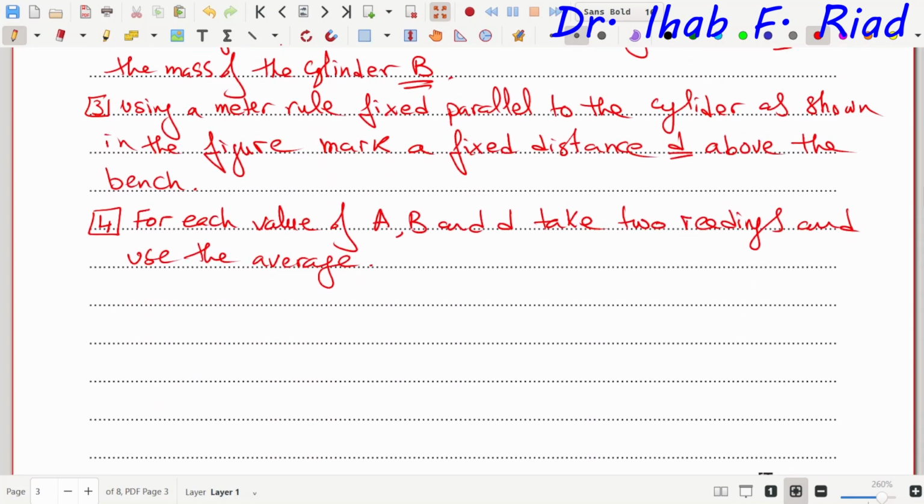Number 5. Now the experiment is already set, and everything is fixed.